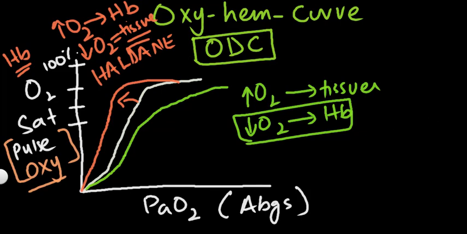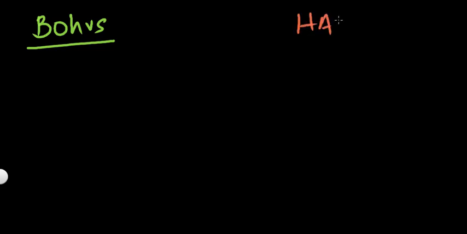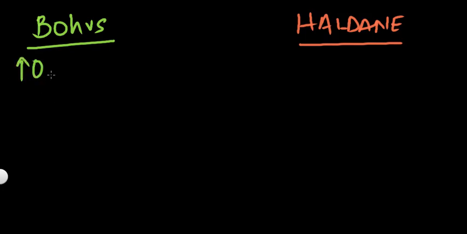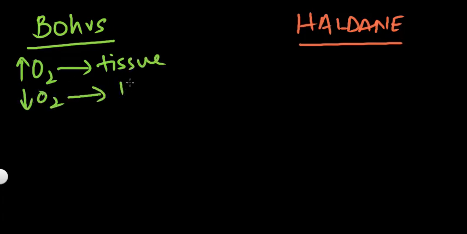So, what is the difference between these two? Here's your Bohr's and here's your Haldane's. So in Bohr's, you can see that there is more oxygen unloading towards the tissues, hence less oxygen affinity of the hemoglobin towards oxygen.